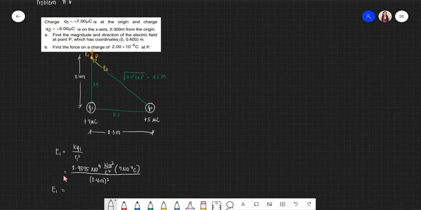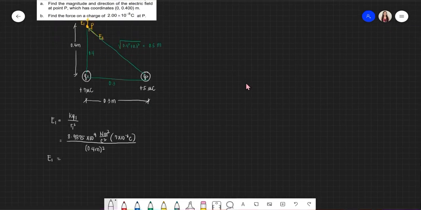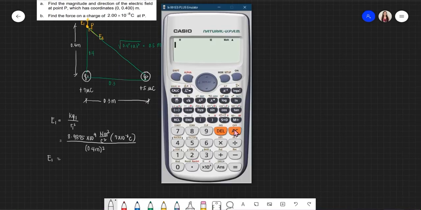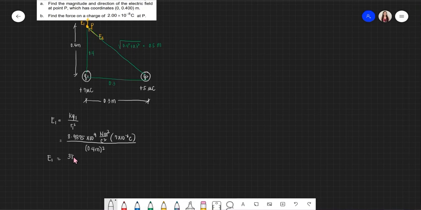So E sub 1 is equal to 8.9875 times 10 to the 9 times 7 times 10 to the negative 6 divided by 0.4 squared. So it's 314,625 divided by 8 newtons per coulomb.